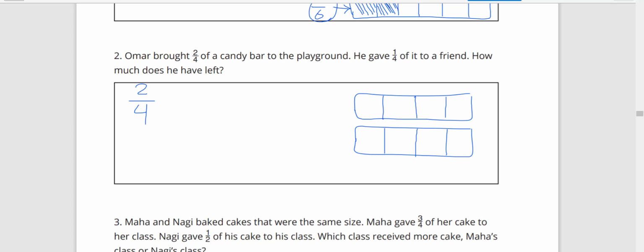The first candy bar is shaded two parts, and the second bar is shaded one part.